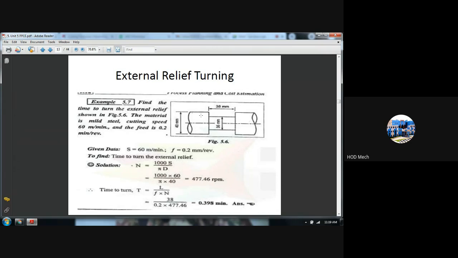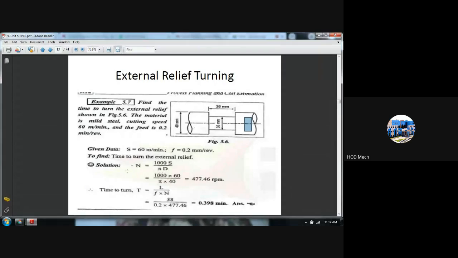If we consider this portion as A, this as B, this as C, then the B portion has the reduced diameter, which is the external relief turning. For this area, you are removing the material diameter. Now you are asked to find the time to turn the external relief as shown in the figure. The material is mild steel, and cutting speed and feed are given.